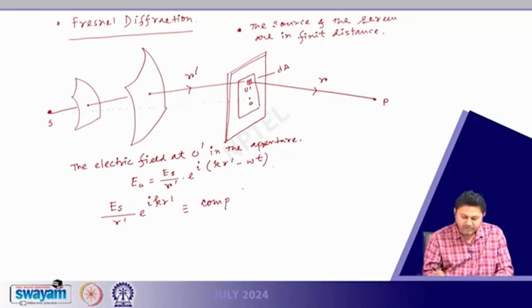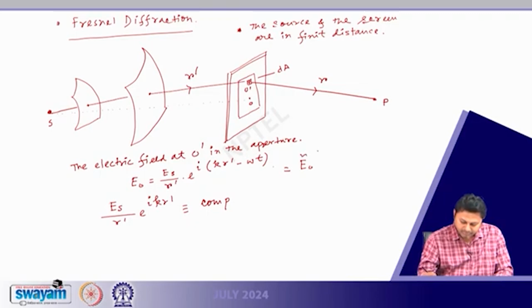That we know, E I can write as the complex amplitude times e to the power of minus i omega t, and this E0 tilde is basically the complex amplitude.